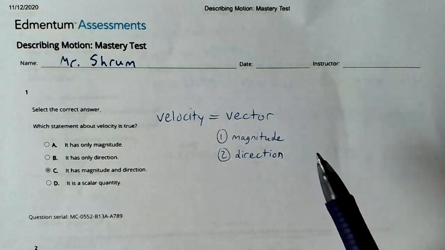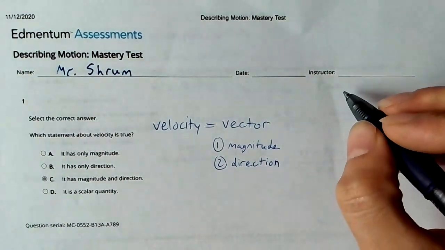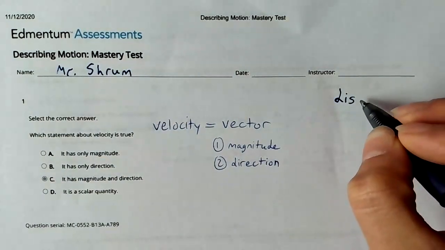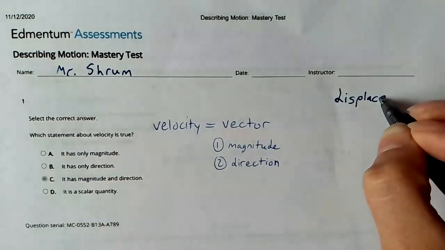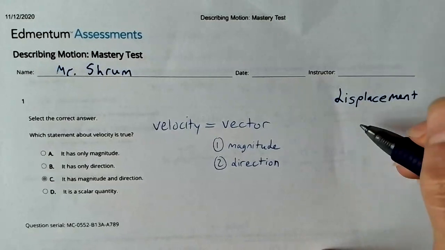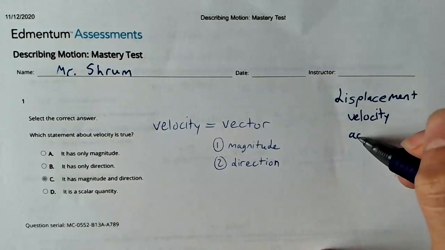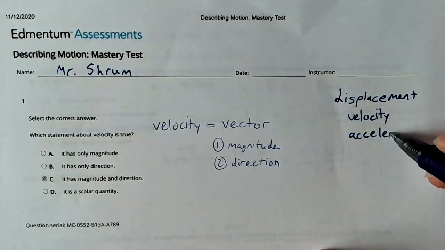Velocity is a vector. Other vectors include displacement, velocity, acceleration.